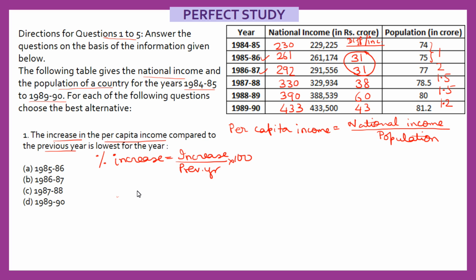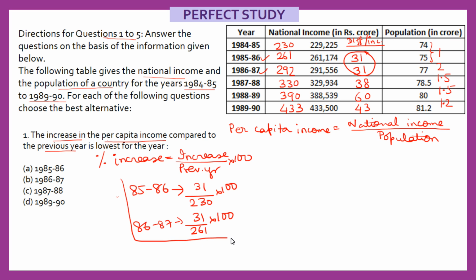So I will just write it here for a better understanding, but there is no need to actually write. What is the percentage increase in 85-86? It will be 31 divided by 230 into 100, and for 86-87, it will be 31 divided by 261 multiplied by 100.